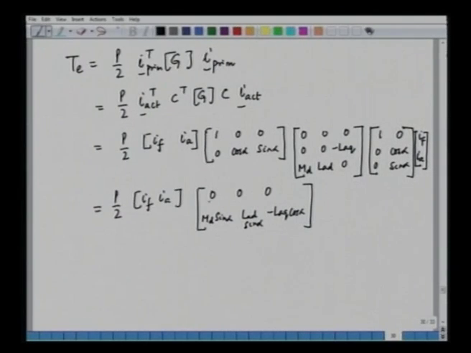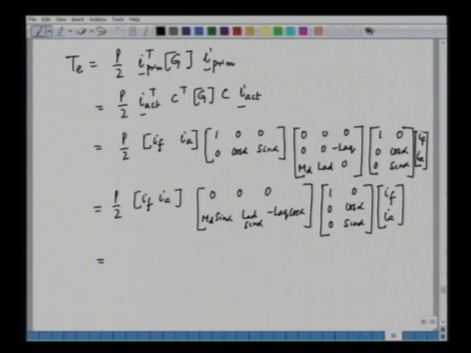So, this is basically a 2 by 3 matrix, 2 rows and 3 columns, and then we post multiply this with C. C is 1 0 0 cos alpha 0 sin alpha, and then we have the current, that is IF IA.